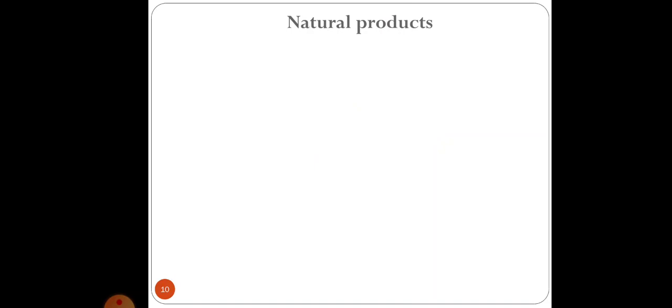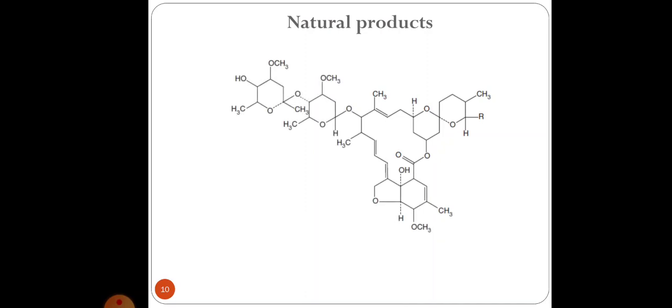Next class is natural products. Example includes ivermectin. It is available in two forms, ivermectin B1A and ivermectin B1B.